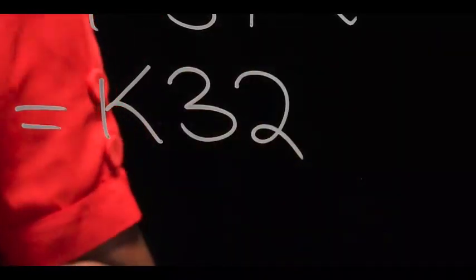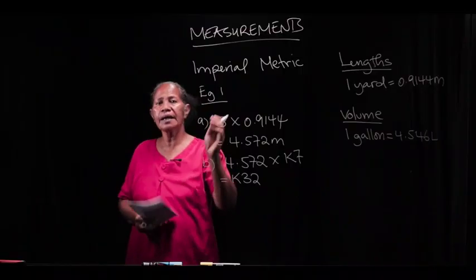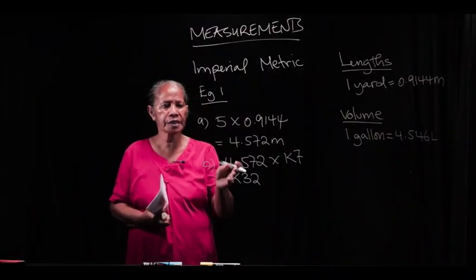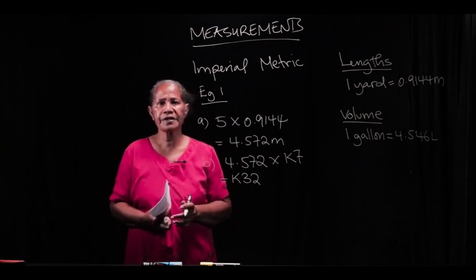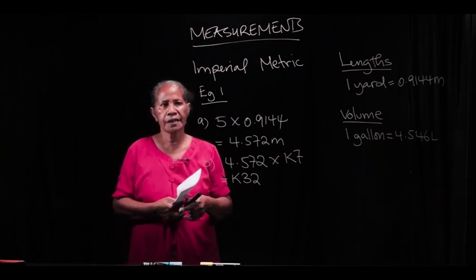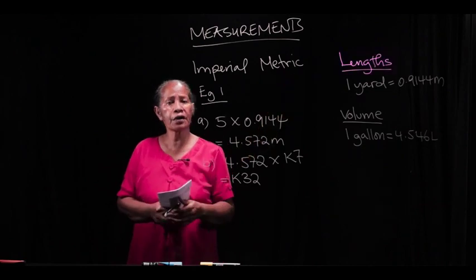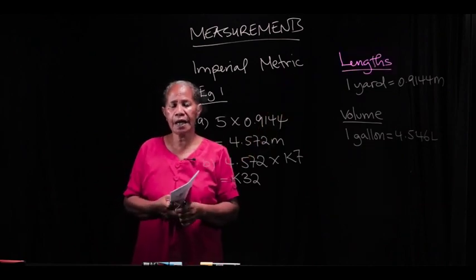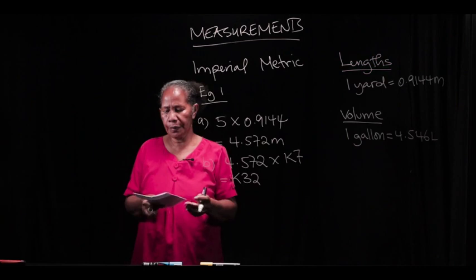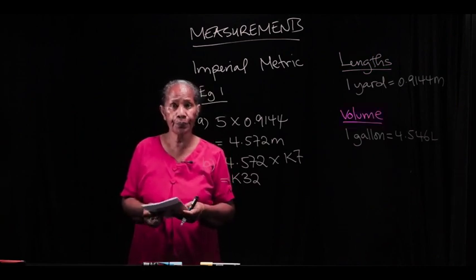So I would spend 32 kina to purchase the 5 yards of fabric, which is equivalent to 4.572 meters. So that's our first example on the conversion of the lengths. Our next example will be based on volume.